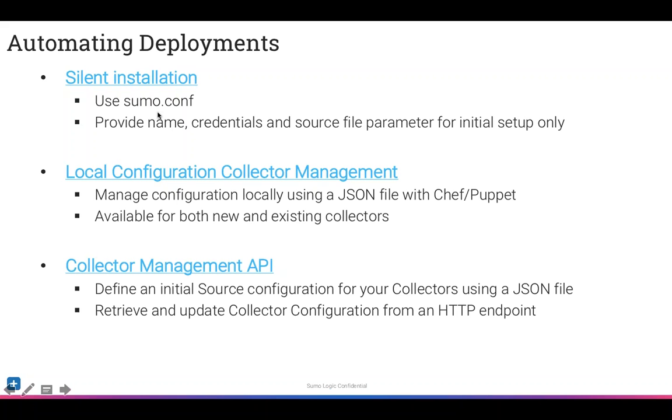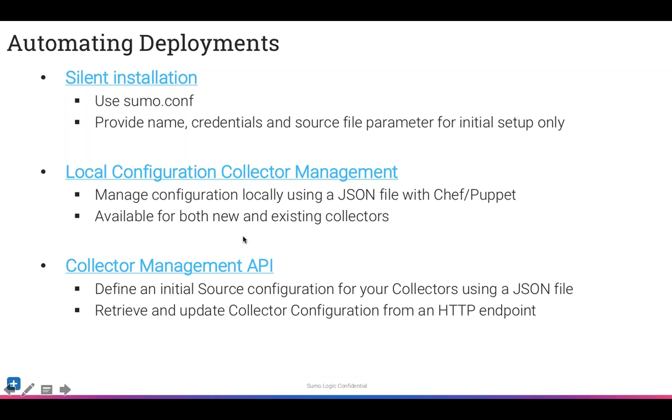The other way is using your local configuration collector management, and you notice that this deck has links. These links all point to the documentation with a lot more detail, so I'll share this with you. But this essentially allows you to manage the configuration locally using a JSON file with a tool like Chef or Puppet. Now, the cool thing about this option is that it's not just for initial setup, but you can do it for existing collectors as well.